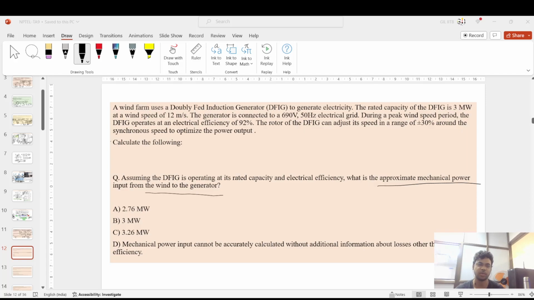Use the rated capacity of the DFIG, because that is what is generated from the DFIG system, the output power, and the efficiency is also given. So you can calculate the input. Just use the formula: P electrical output divided by P mechanical output is equal to efficiency.